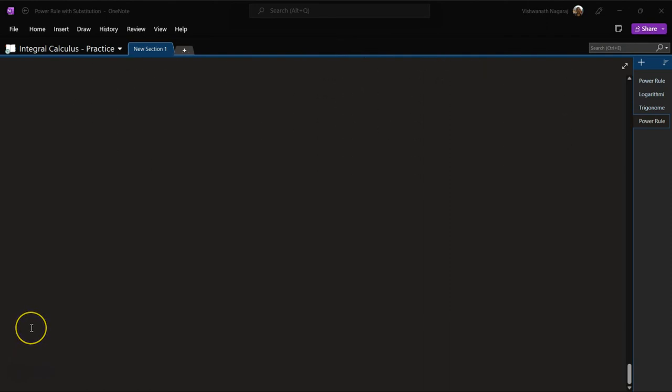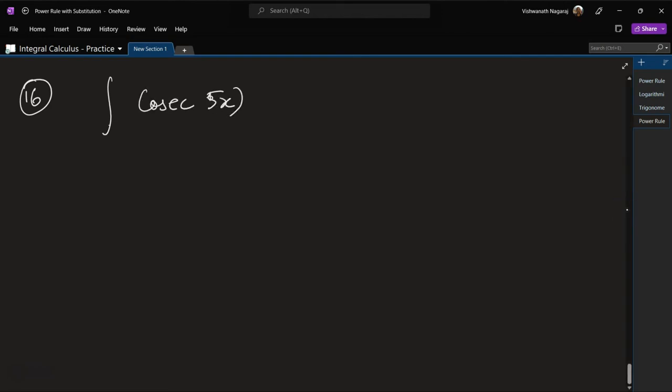Okay, let's again look at an interesting one. Integral of cosec 5x to the power of minus 3, times minus 20 cosec 5x cot 5x dx. Immediately you notice that cosec x derivative is minus cosec x cot x.